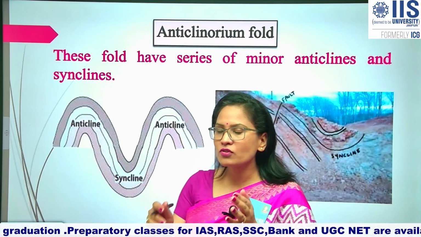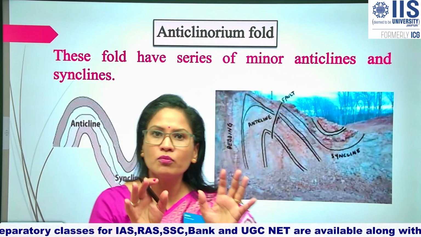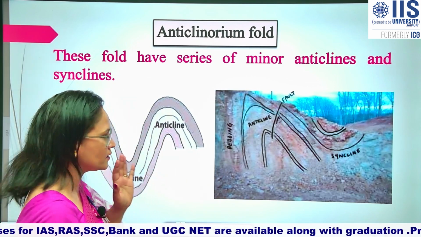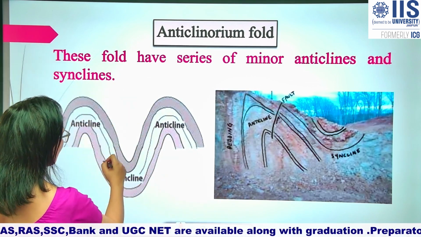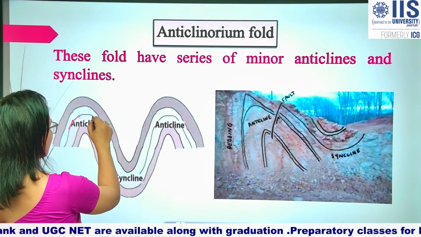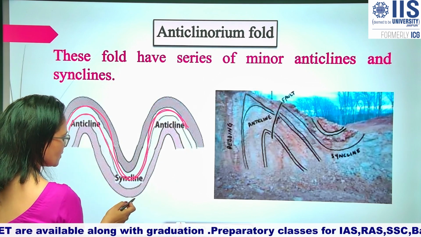If these folds are in a very continuous series, and most of the part is anticlines... what does it mean, anticlines? See, this is the fold, right? It is crest, it is trough.